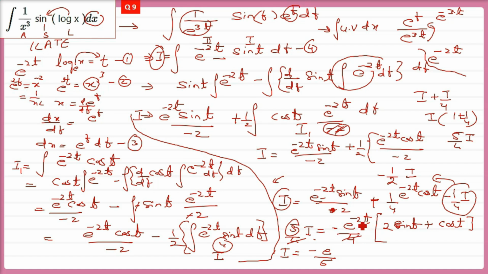So 1 by x square it is. So in place of e raised negative 2t, you can write just 1 by x square. This is 2 sine. What is t here? Log x. I told you I'll use that. So 2 sin log x plus cos log x. And now I will finish it off with the constant of integration. So this is your final result.